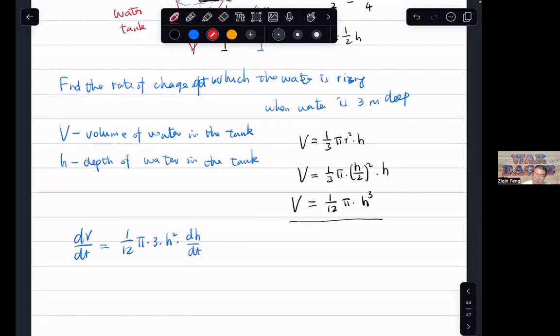So when the height is 3 meters, dh over dt is, since we are given dV over dt is 2, 2 over 1/12 pi times 3 times 3 squared.